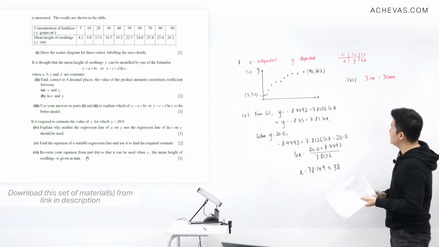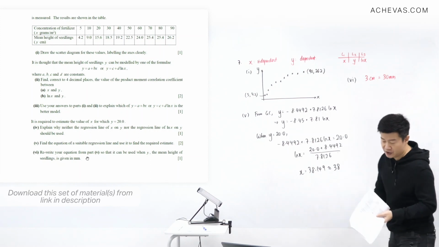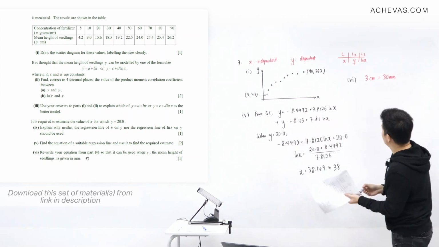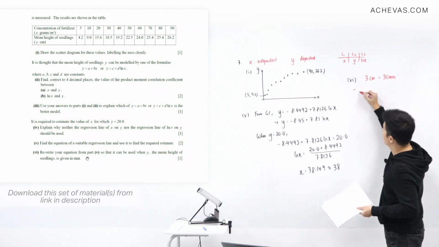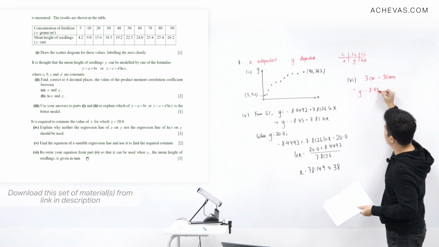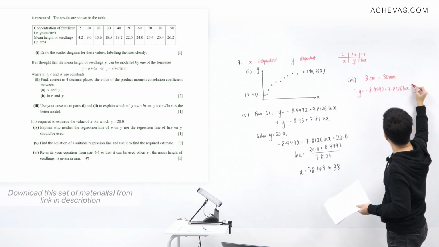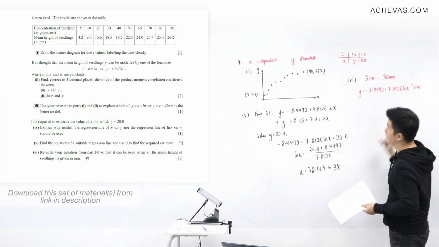I just need to take 3 times 10. So if I go for the version in cm, which is what we have here, y is equal to minus 8.4492 plus 7.8126 ln x, and this is in cm.